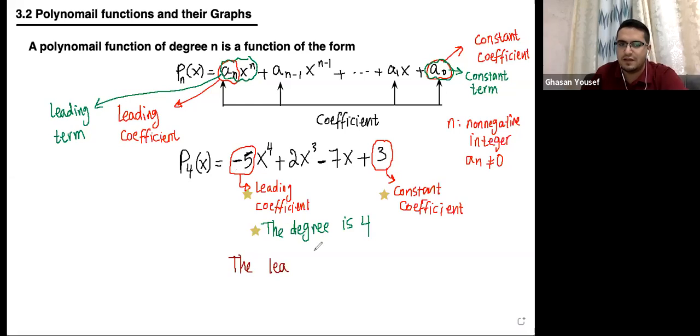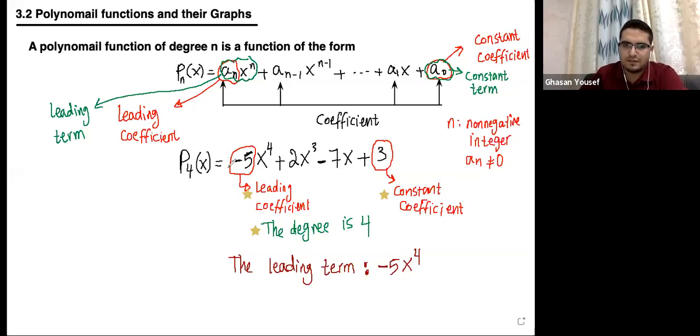This is the leading term: minus 5 x to the power 4.